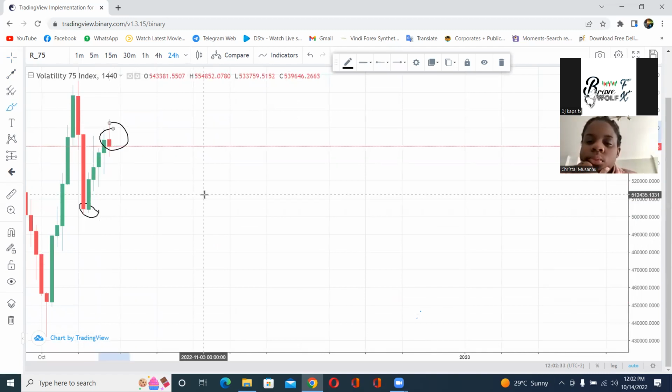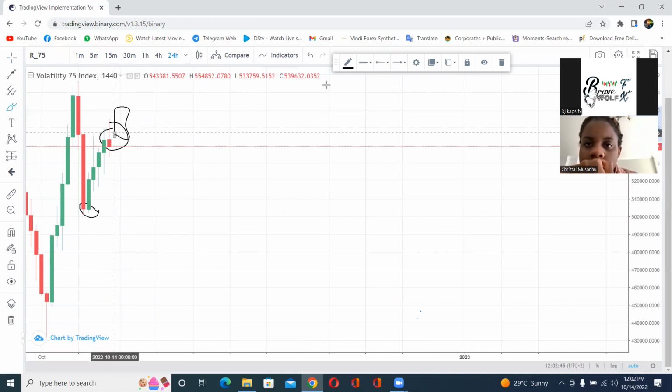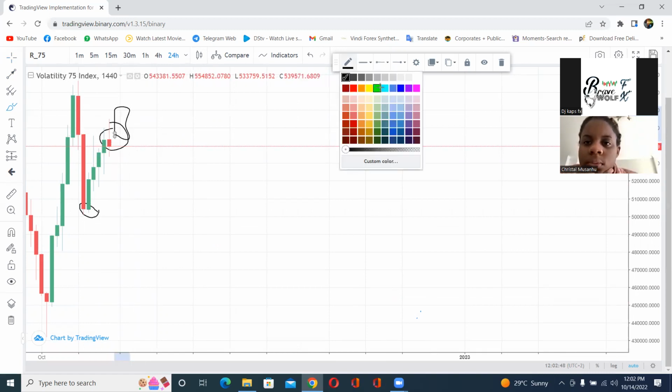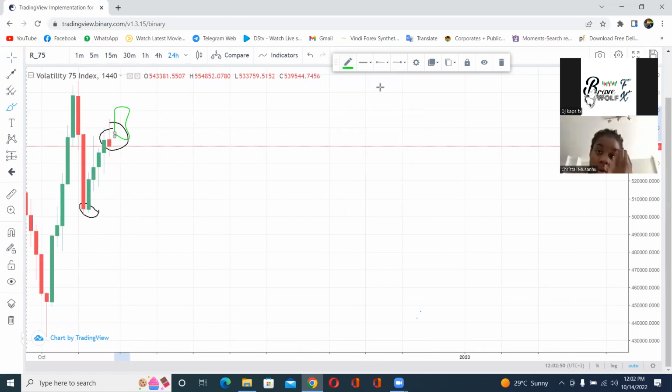Many people who are using candles to trade, when they analyze, they will say we predict that there will be another green candle here. There will be another green candle, you understand? From here, you can see the buyers are more than the sellers. The green candles are more than the red candles, meaning the market will go up.